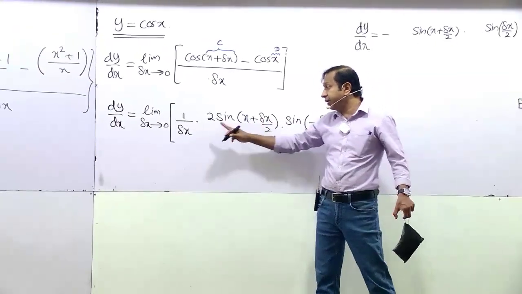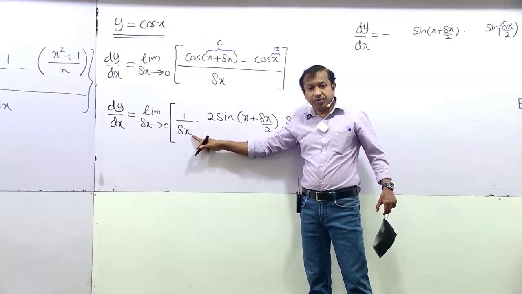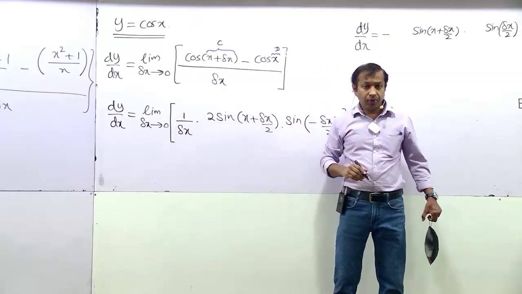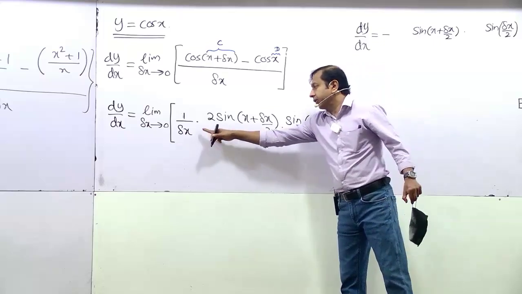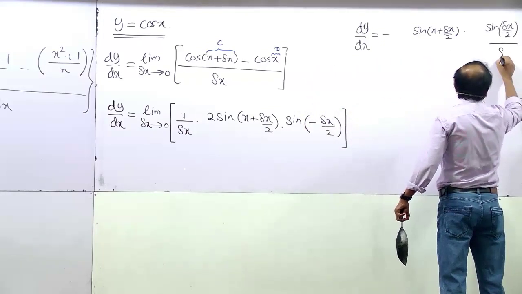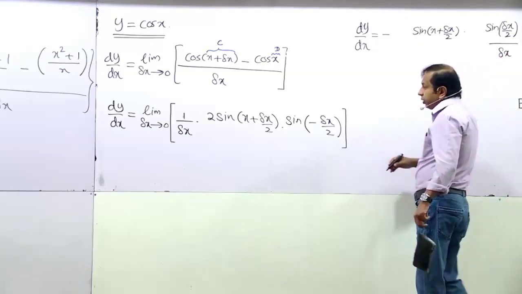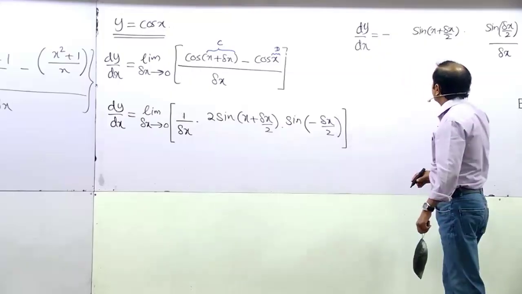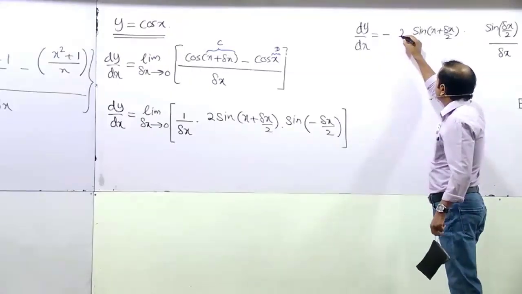This product should divide by delta x. That means, only one of these two we should divide by delta x, not both. I divide this by this delta x, writing it like this. Now, another 2 is here. This way I can cancel down this 2. For a while I write this 2 here.